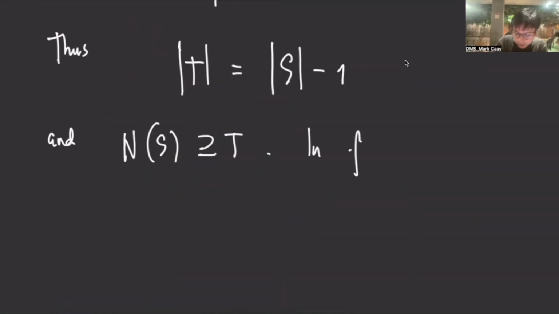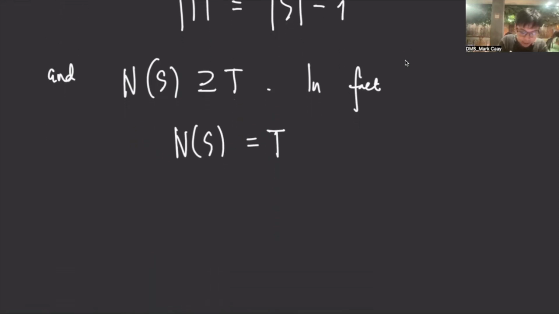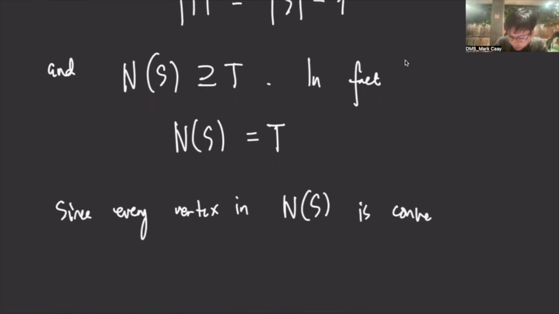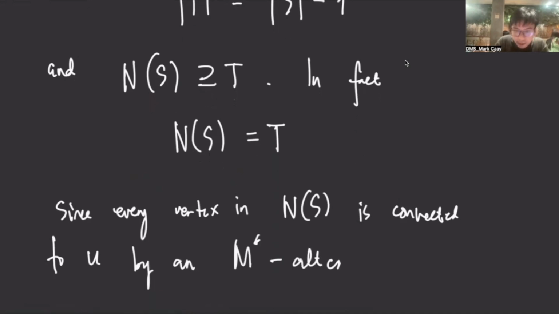In fact, which is obvious, our N of S is actually T, since every vertex in N of S is connected to U by an M star alternating path.